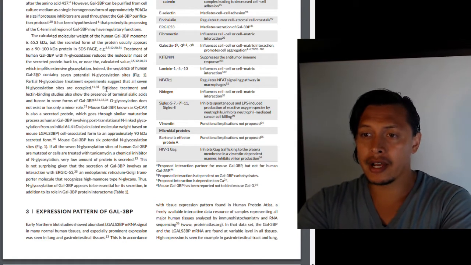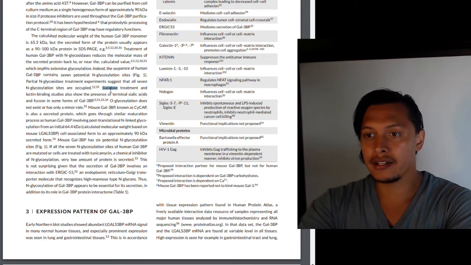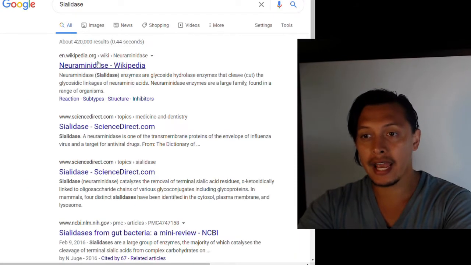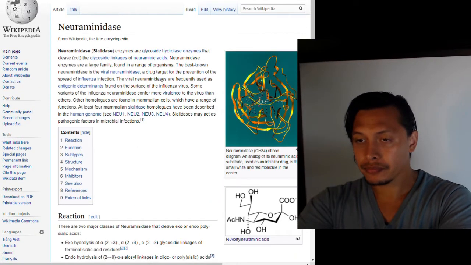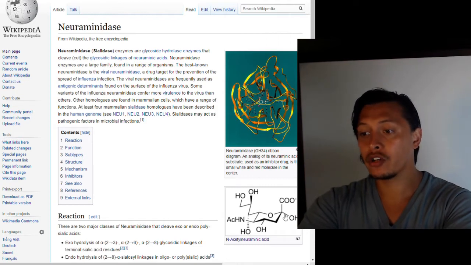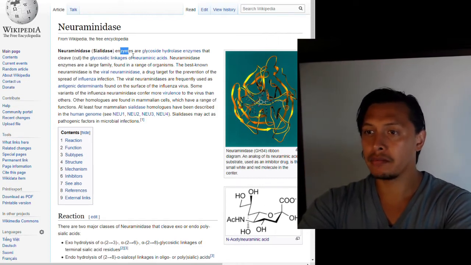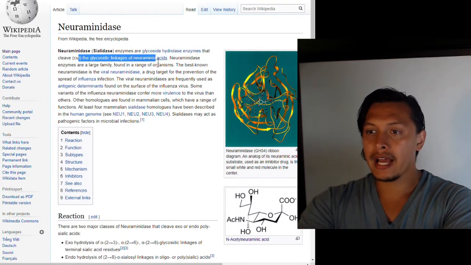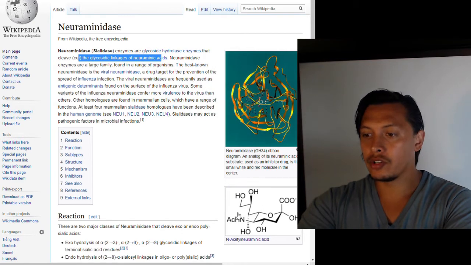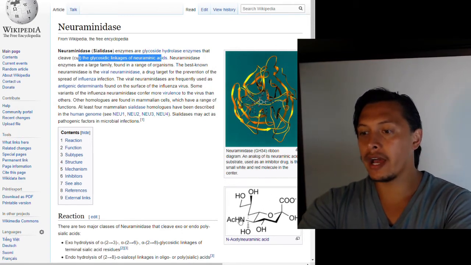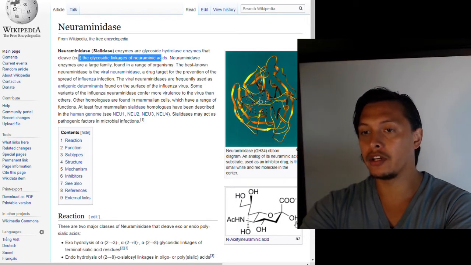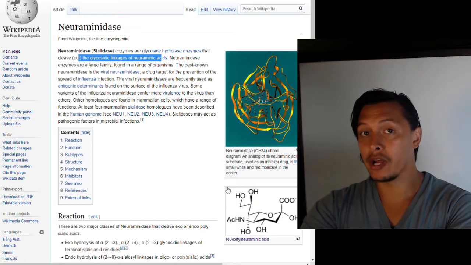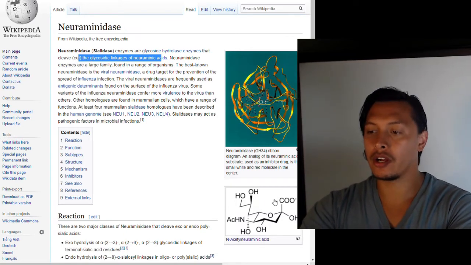Anyways, sialidase treatment. Sialic acid is one of the glycosylations that could theoretically take place. So sialidase cuts the glycosidic linkage of neuraminic acid. This would be N-acetyl neuraminic acid, and this OH over here could theoretically be used to form a glycosidic linkage with some other protein.